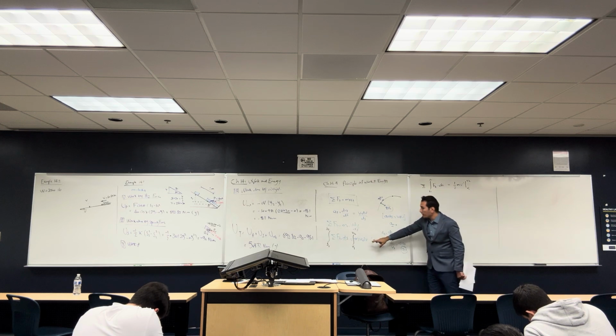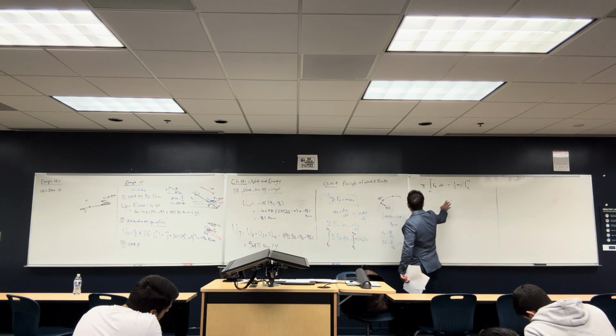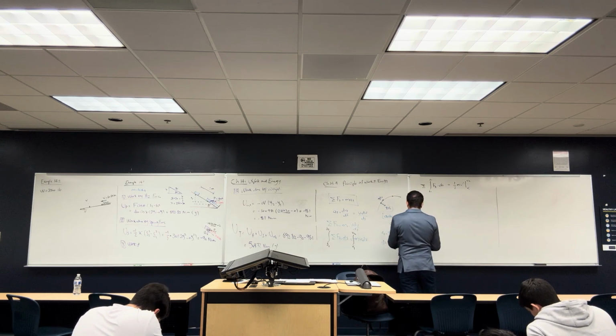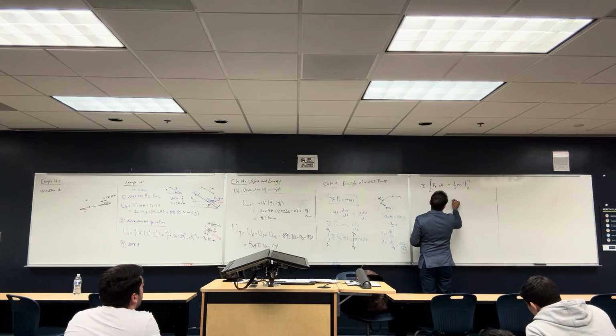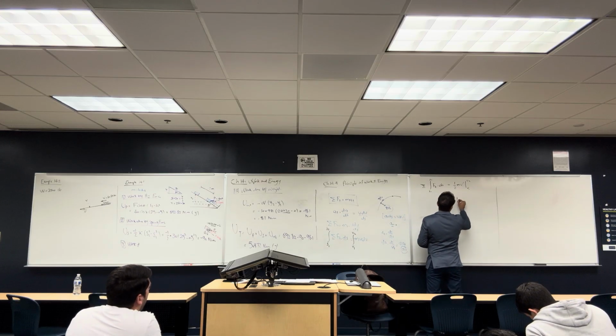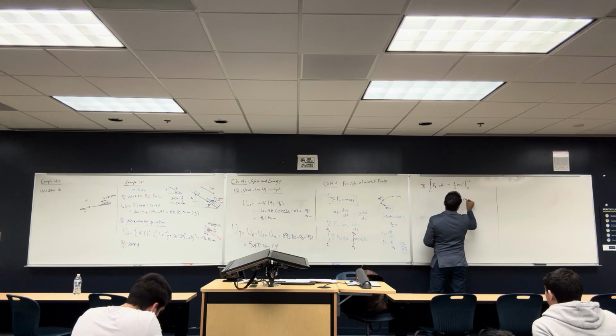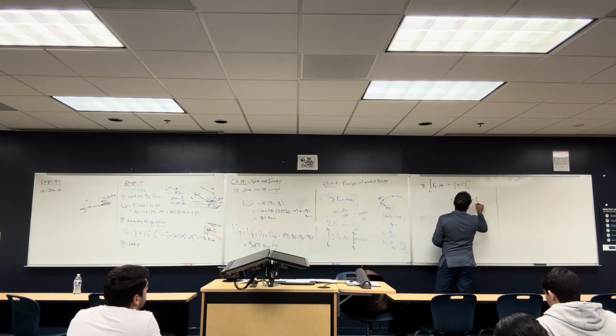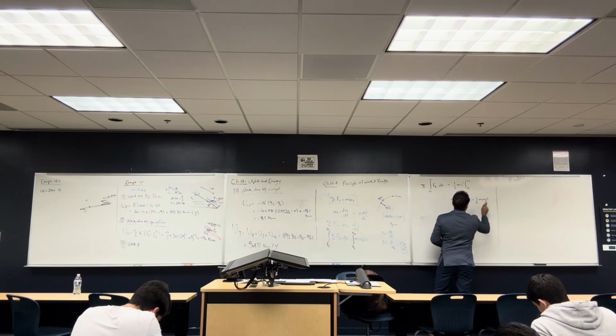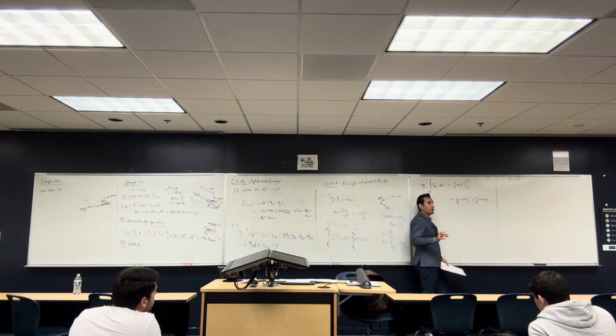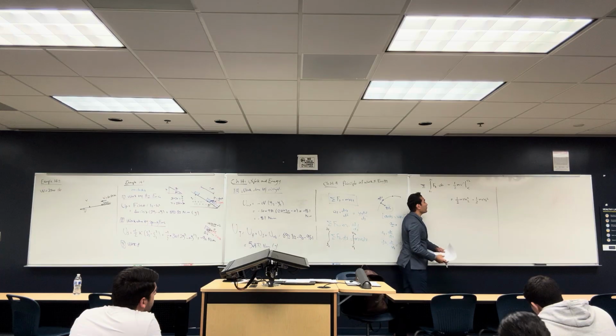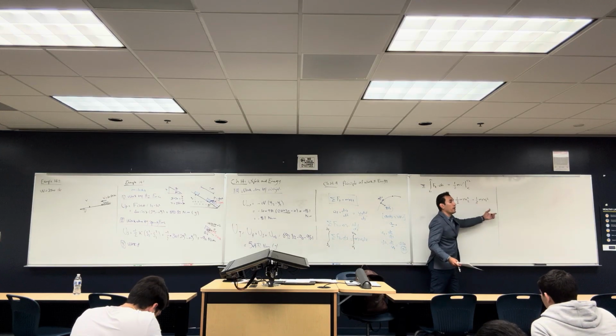If I integrate v, it's going to be v squared over 2. So basically this is going to be equal to half m v2 squared minus half m v1 squared. Do you guys know what this component, half m v squared, is? That's kinetic energy. So the kinetic energy is always equal to half the mass multiplied by v squared.